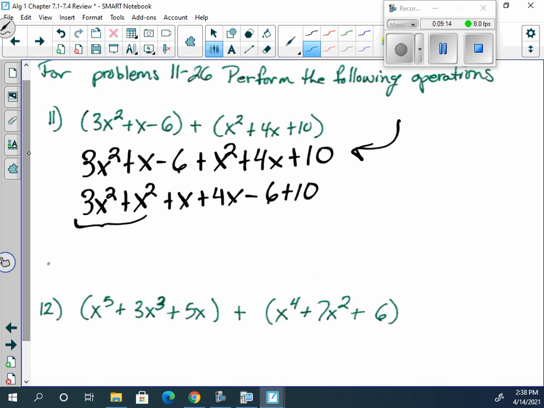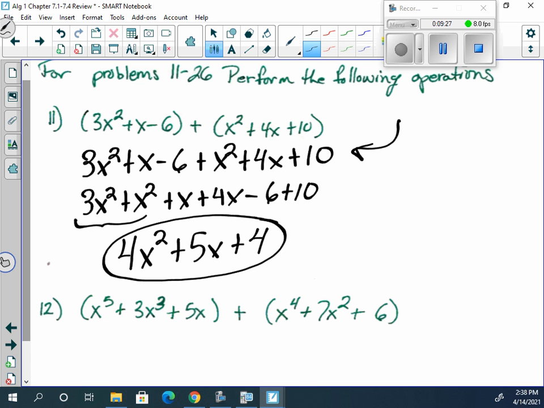Because really, what I'm trying to see is, can we add these together? So 3 plus 1 is 4, and we have our x squared, x plus 4. And then, it's 4. Because if you know that none of the signs for this second set of parentheses is going to change, you can just jump straight to there, fine.